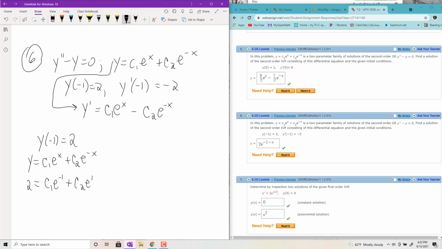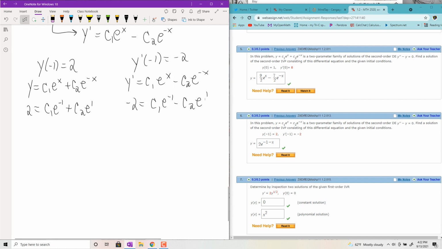Then let's get the other one going as well. So y prime of -1 is -2. I plug that into the equation y prime equals c1 e to the x minus c2 e to the negative x. I get -2 equals c1 e to the -1 minus c2 e to the 1.